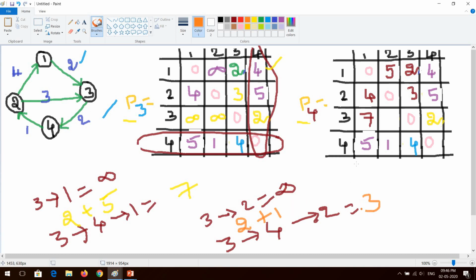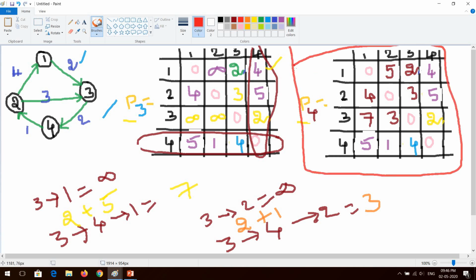So 2 plus 1 is 3. So the new cost will be 3. This particular matrix, P4, is the final matrix which has all the transitive closure values.